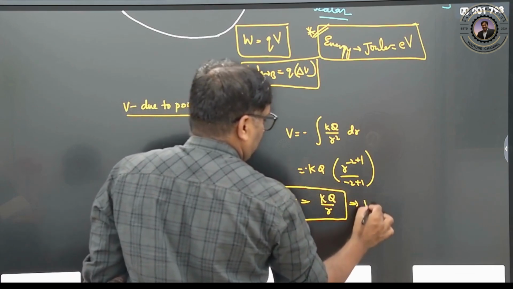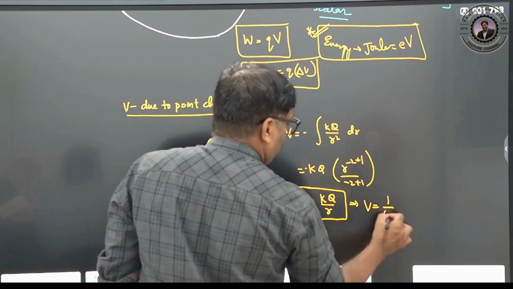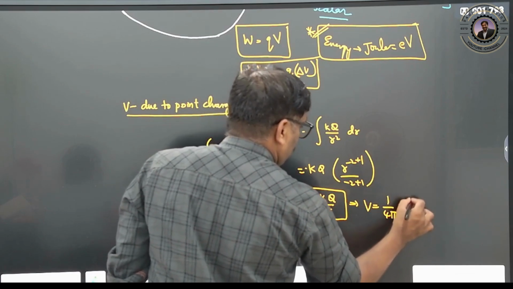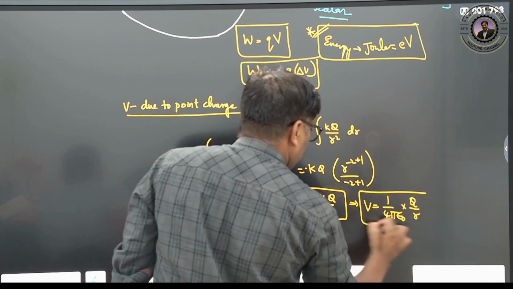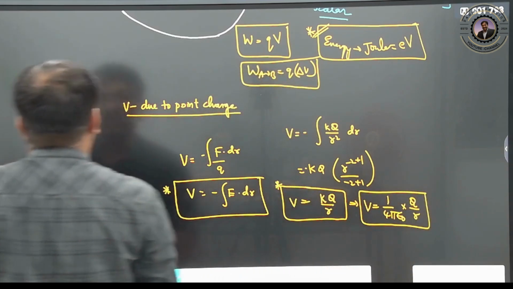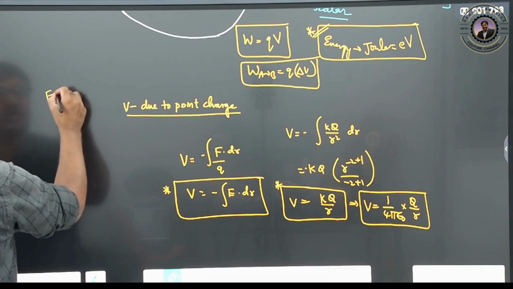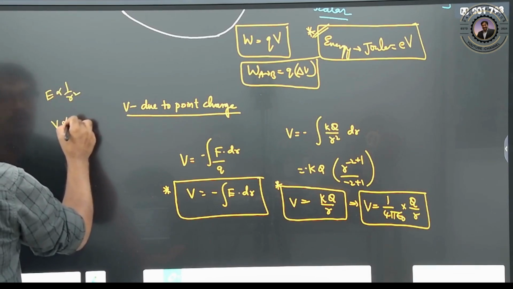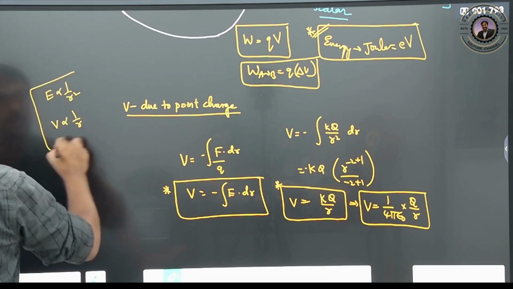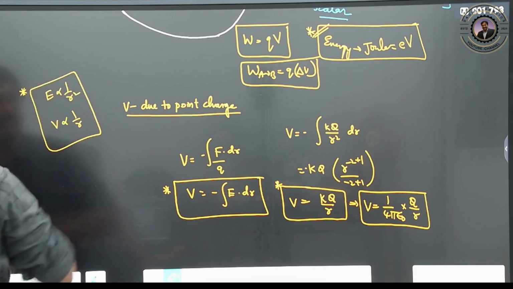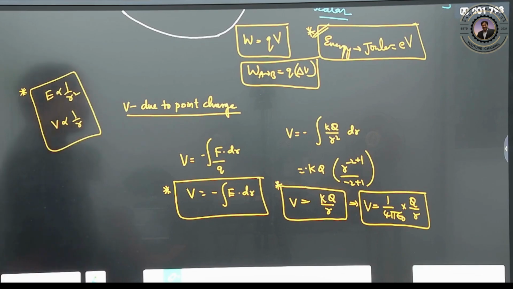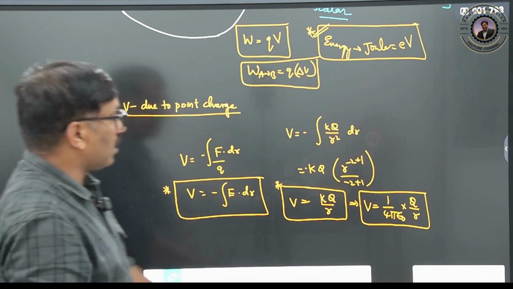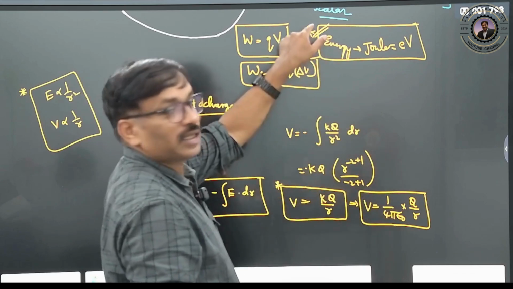That is nothing but V is equal to 1 by 4 pi epsilon naught into q by r. You know that electric field is inversely proportional to the square of the distance, and potential due to the point charge is inversely proportional to the distance. Also, this potential does not depend upon the test charge which we are bringing.